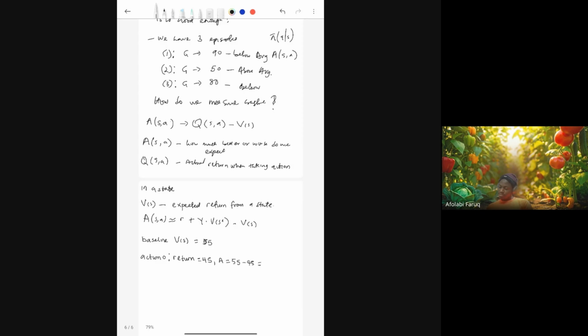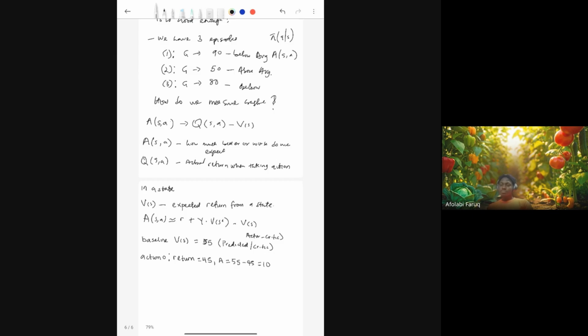That will give us minus 10, right? So this is being predicted. There's another approach in reinforcement learning that we call the actor critic approach. So this will be predicted by the critic.